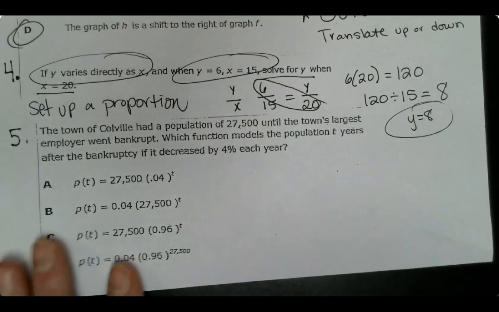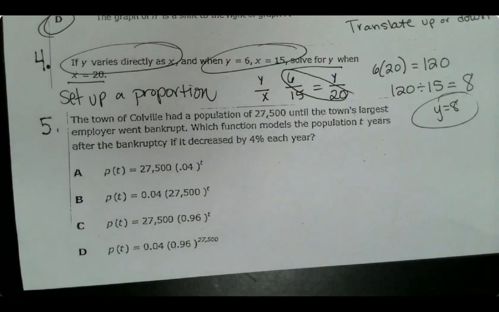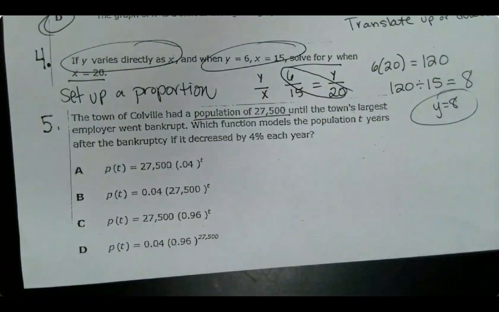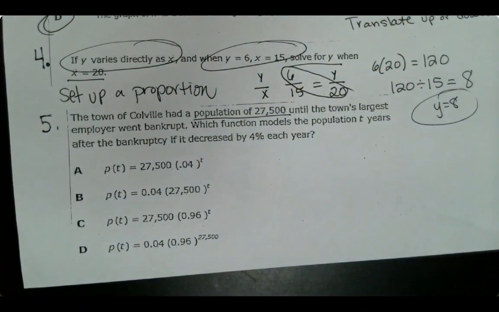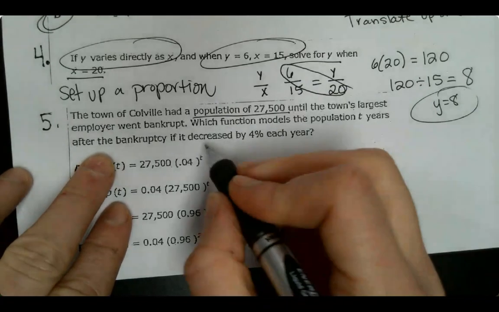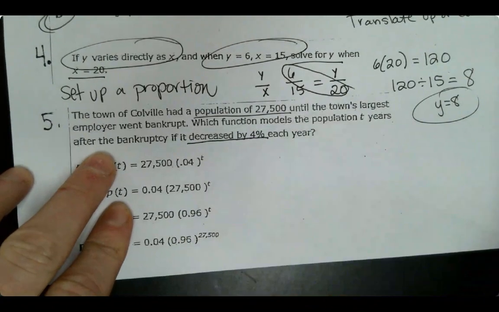All right, y'all read number 5 to yourself. So important information would be had a population of 27,500 and the function models population T years after bankruptcy if it decreased by 6% or by 4% each year.